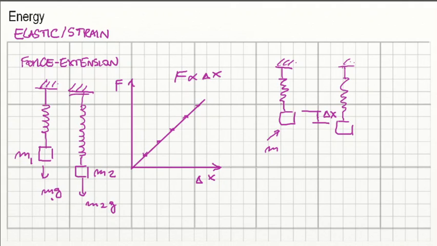And not only are they proportional, but you also find that you can describe this using an equation, which is well known as Hooke's law. So the force is some constant multiplied by the extension.